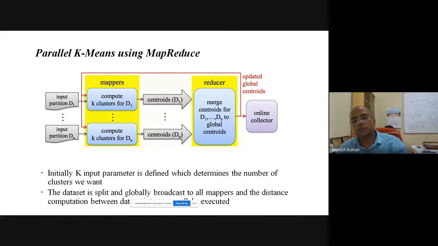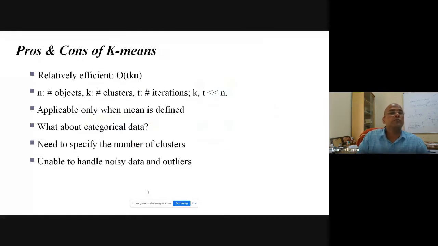That means the first clusters of all the individual terminals will be merged, and similarly the second and third and nth clusters will be merged, and you'll get the global clusters out of it. This is something we look for if you have big data, where the data rate is high, volume is high, and variety is present.